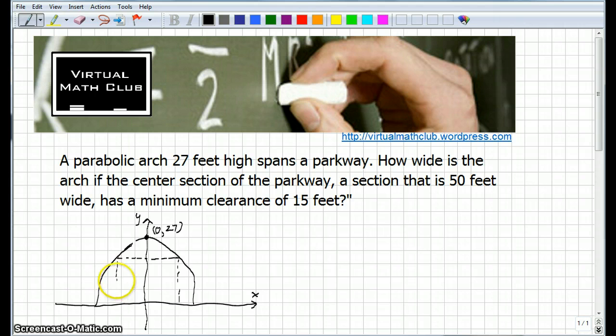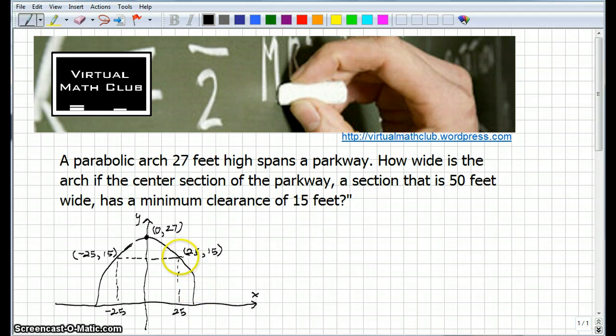I don't know how symmetrical my graph looks, but it's 50 feet wide. So if this is 50 feet wide, then this would be 25 and this would be negative 25. So this would be 25, comma 15, and this would be negative 25, comma 15.